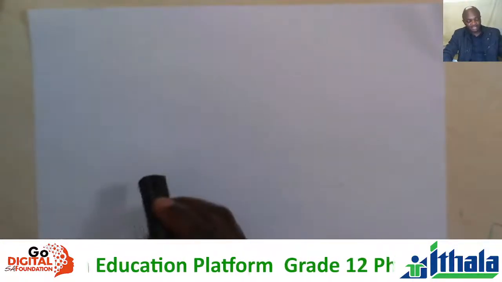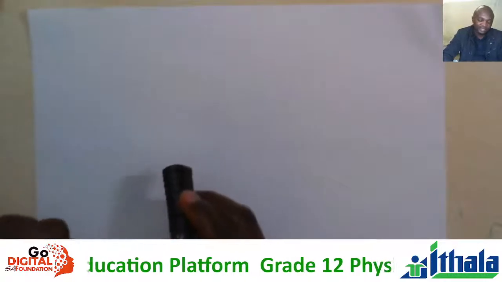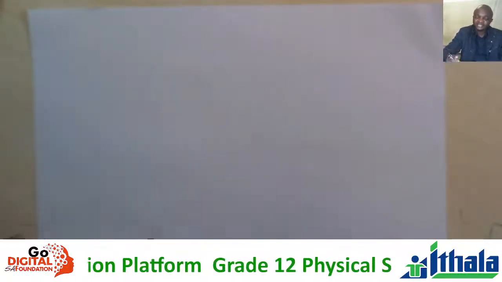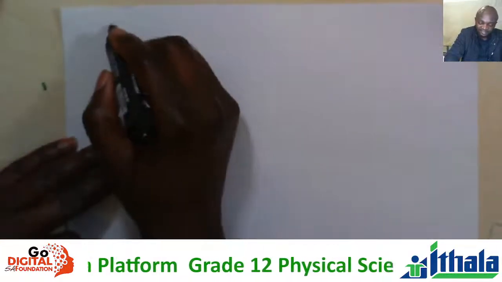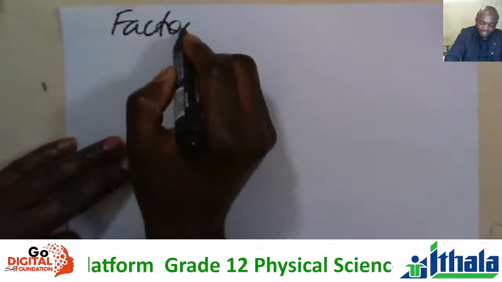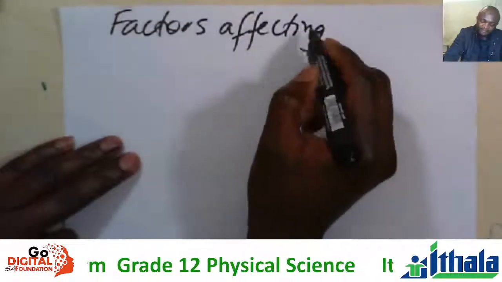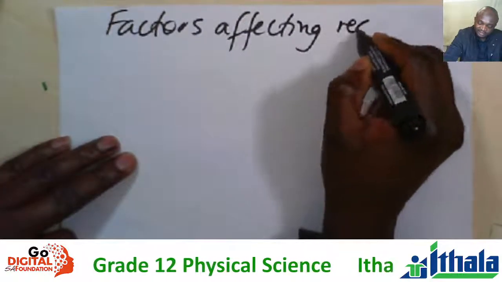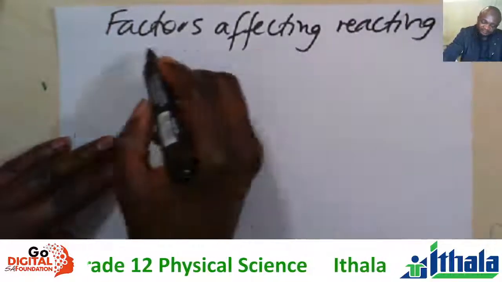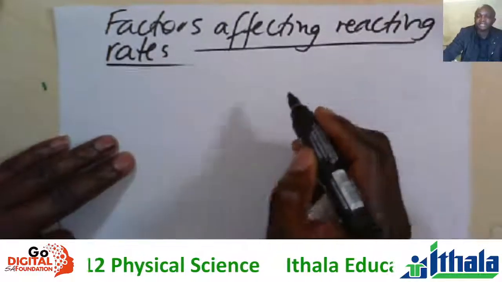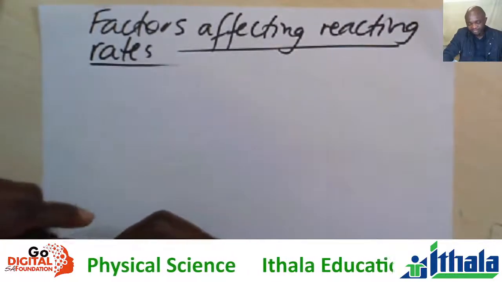So at that point sothini masibuka-ke i-rate of reaction, sifuna ukubona ama-factors that will affect the reaction rate. Ama-factors affecting reaction rate. Right. Nama factors that will affect reaction rate.